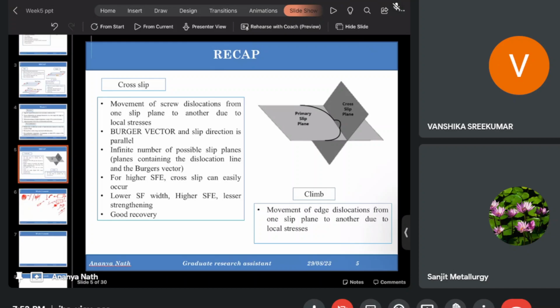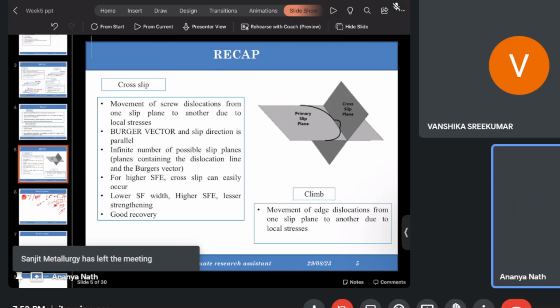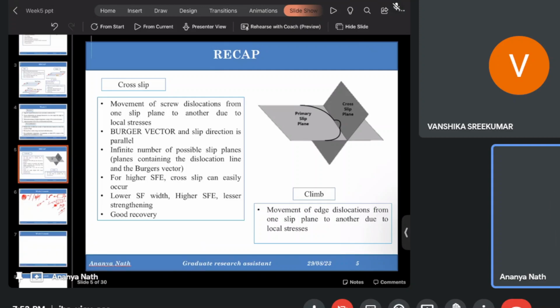Lesser strengthening we are calling it here, because normally what happens, lower stacking fault width will have higher SFE, so it will have a tendency for the dislocations to get attached again, means they will again work like one dislocation, and they can easily move.